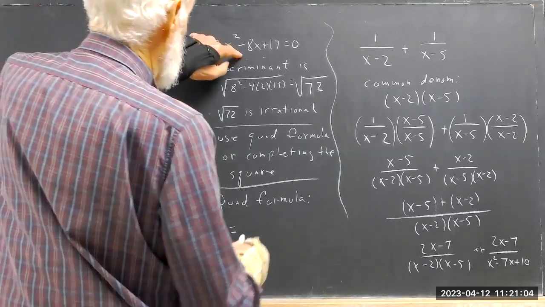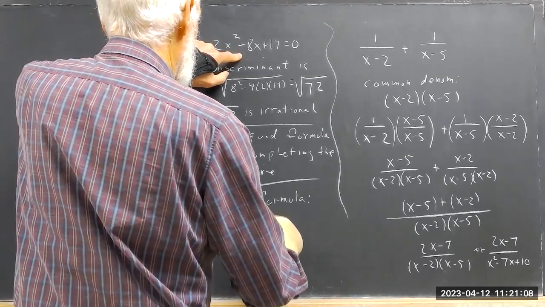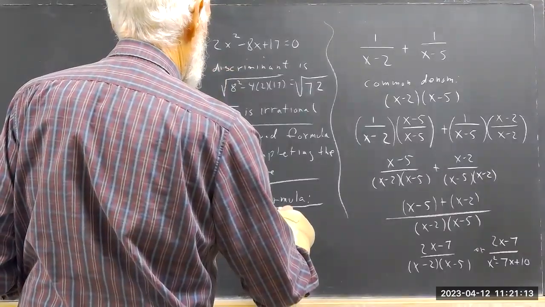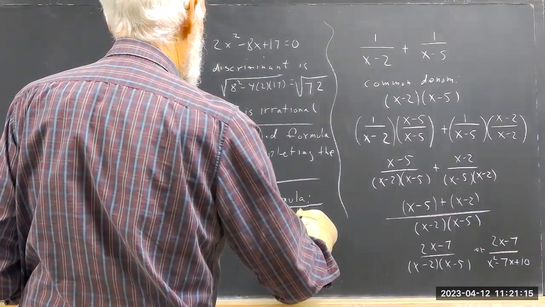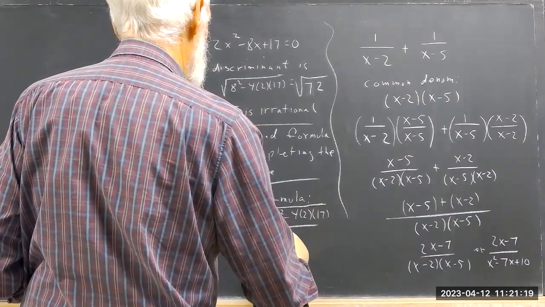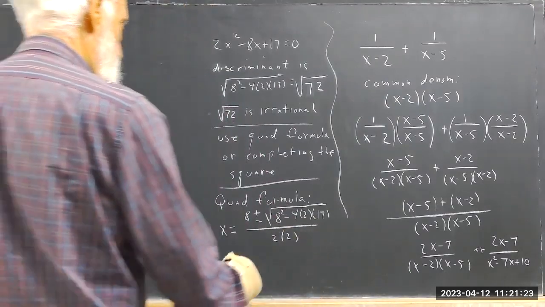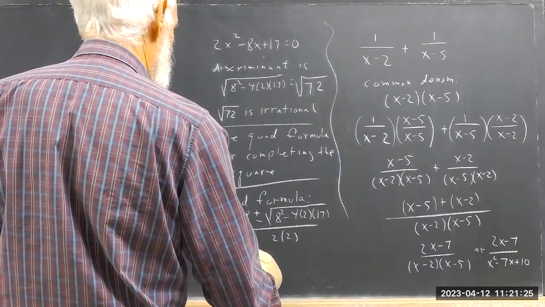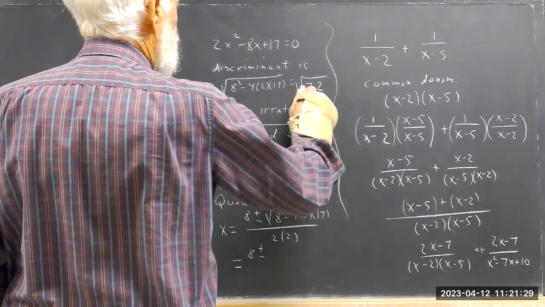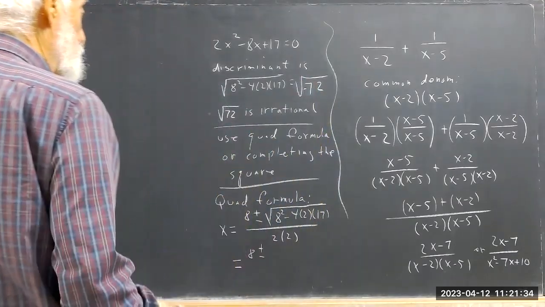It's negative b, which is going to be 8, b being negative 8, plus or minus the square root of, well, I've already written it out once. It's this. That's going to be 8 plus and minus. I got 72 here. It's negative 72, right?